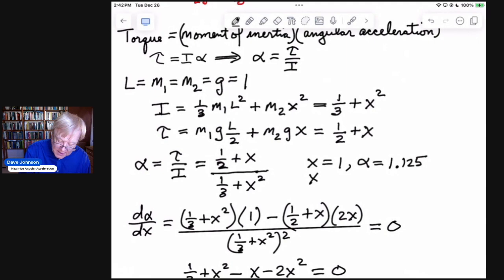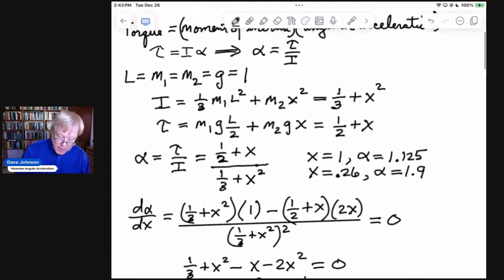And if x is 0.26, the alpha ends up being about 1.89, or about 1.9. So obviously, if you put the block all the way at the end of the rod, you don't get the maximum alpha. You only get the maximum alpha when x is something less than 1. And that's the point of this problem.